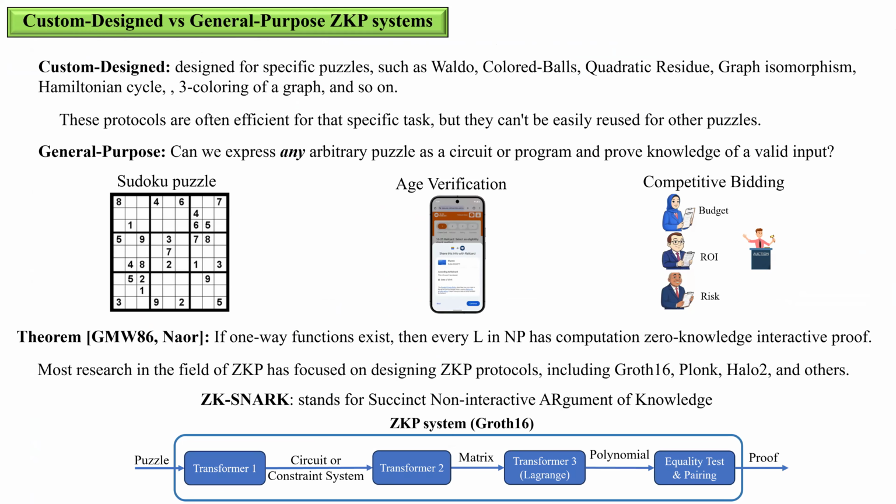Okay, so remember this slide from lecture one. We discussed that we have two kinds of ZKP system, custom design and general purpose design. The custom design was like Bulletproofs or Kolobar, something like that.